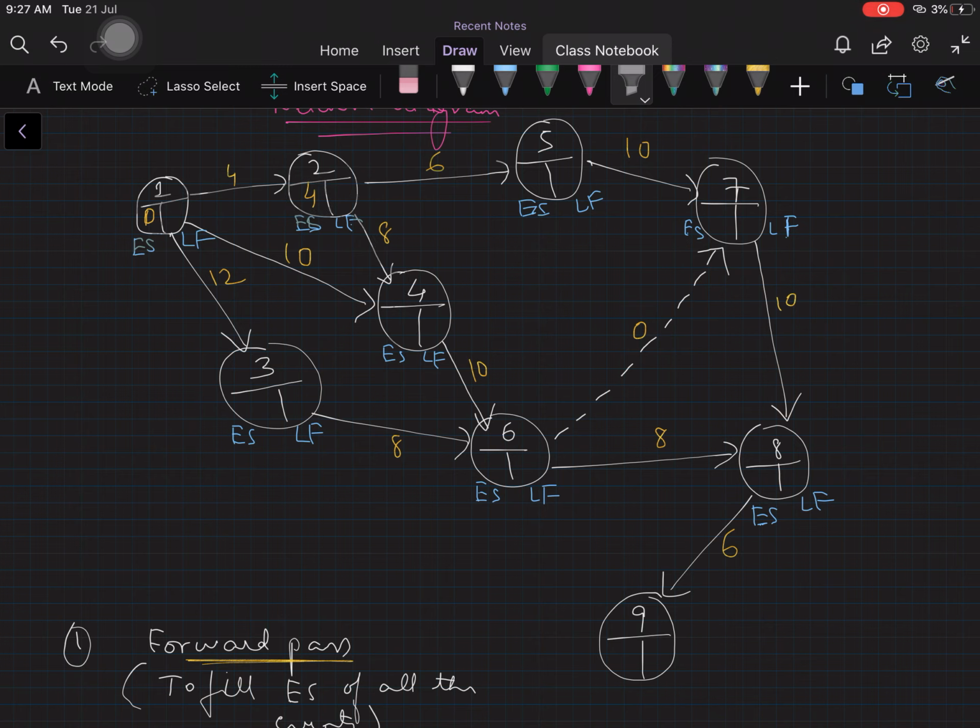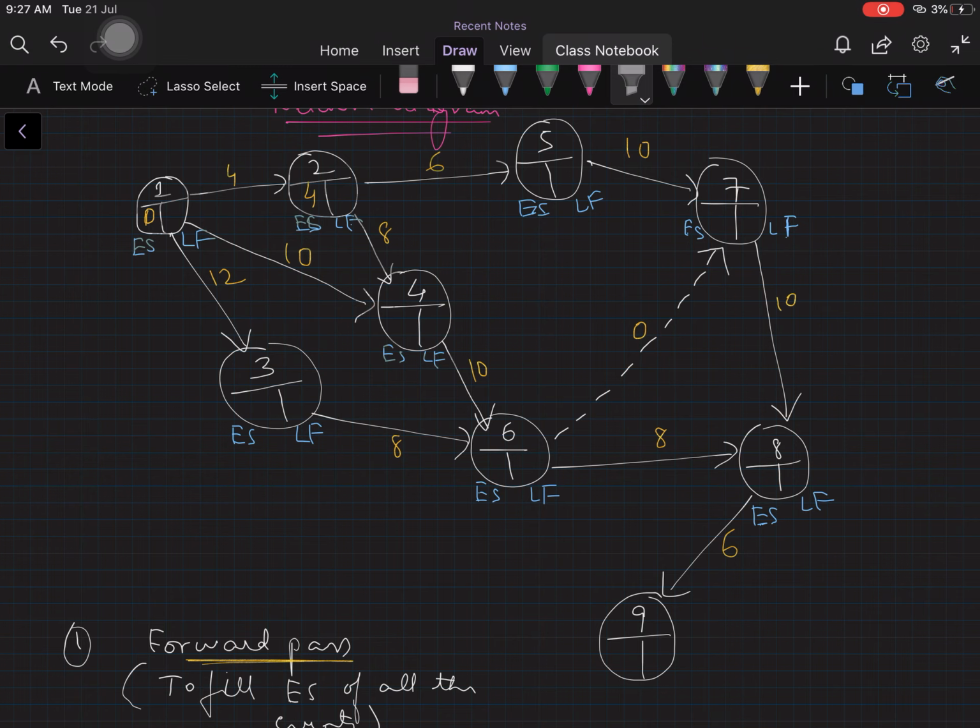We can't write 12 because there is another arrow entering the same event. So this event is called what? A merge event. What do you mean by merge event? An event is called a merge event if and only if it has more than one activity or more than one arrow entering it.